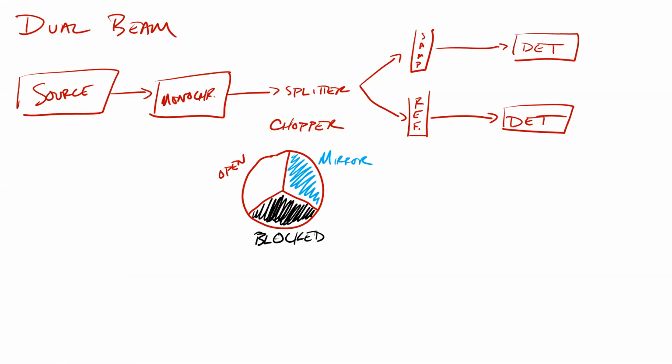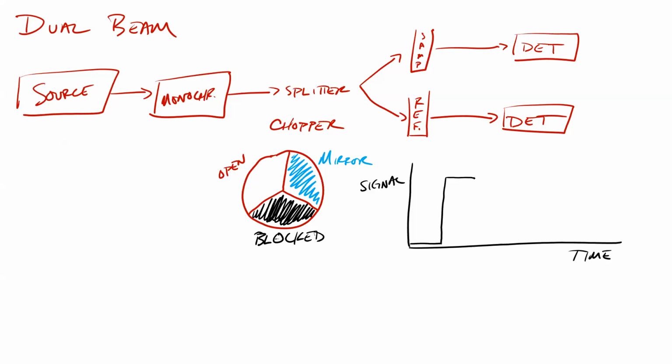And so your computer has to know the position of the chopper so that it knows whether it's measuring the sample, the reference, or the black background, right? The zero light instance. And so if we look at it in time, so signal versus time, let's say we start at the black, this blocked out part, and we have our reference, right?